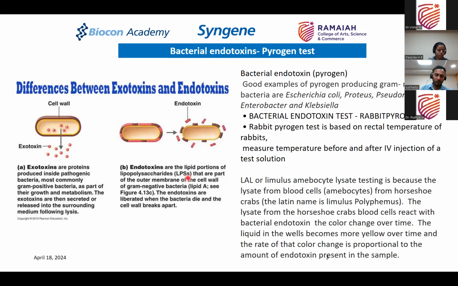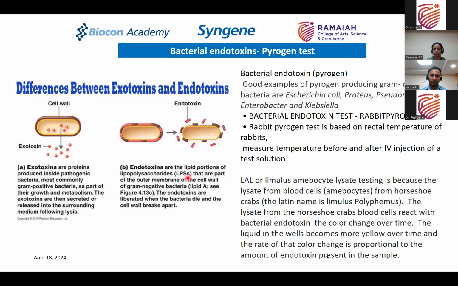So in this particular slide, we could analyze why sterility testing has to be done for pharmaceutical products, in order to see whether the product is devoid of microorganisms. This can be detected in two ways. One is by directly testing whether the microorganism is present or not. The other is by detecting endotoxins, if they are produced by the organism.